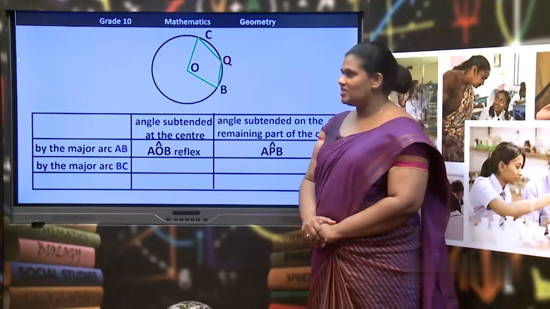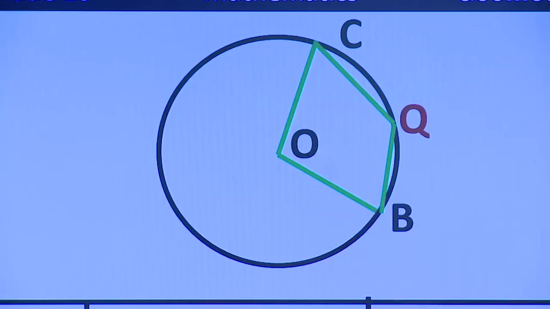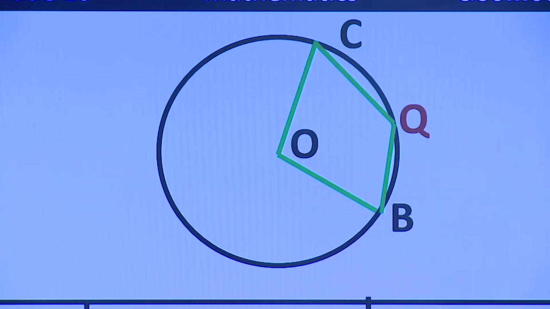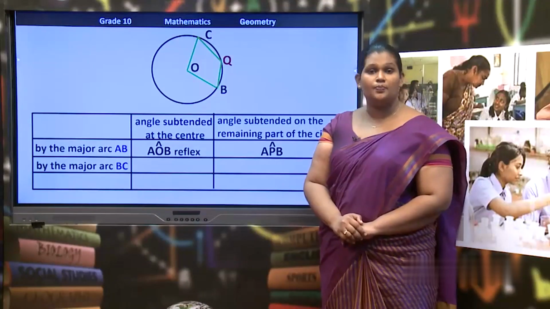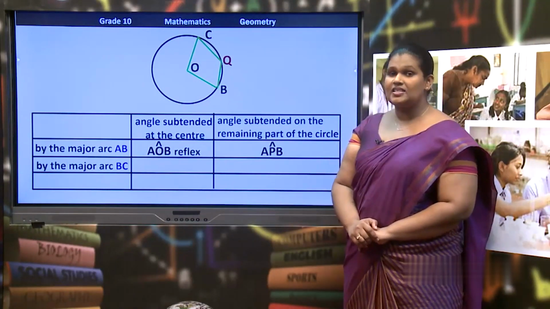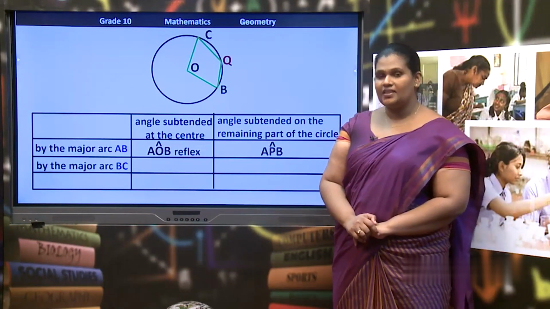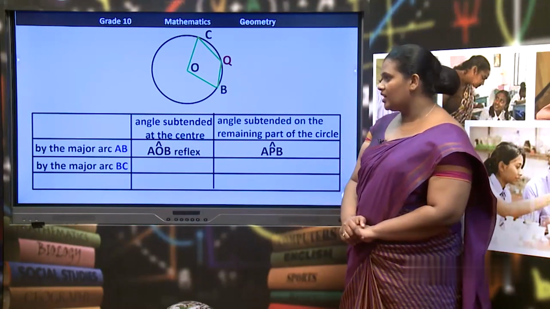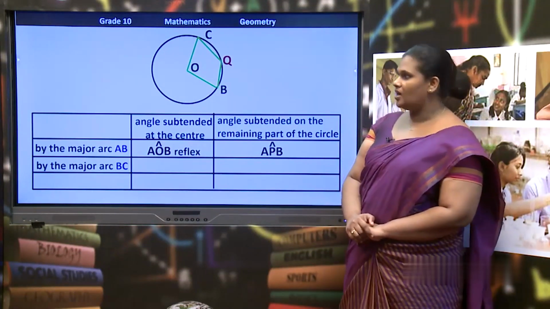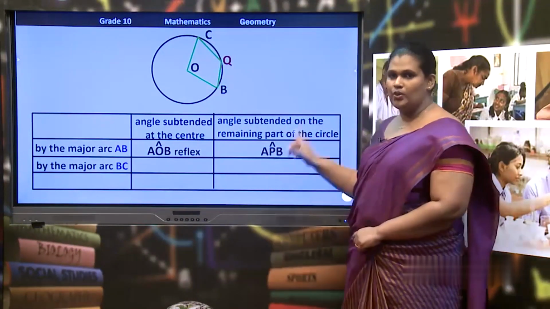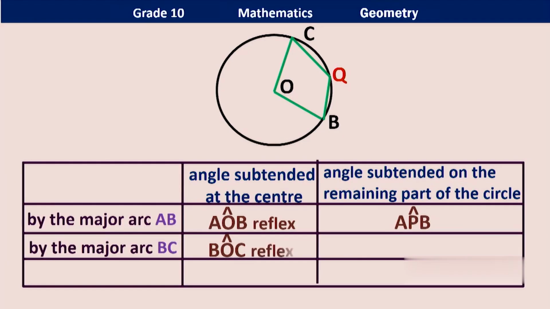So, here we can see the angle subtended on the center of the circle by the major arc is angle BOC. But once again, when I say the angle BOC, we can consider two angles. One angle is less than 180 degrees and the other angle is a reflex angle. Now, here in this occasion, we have to consider about the angle BOC reflex angle. So, we have to mention that as well.